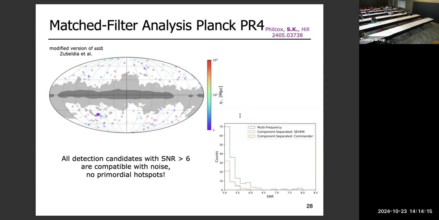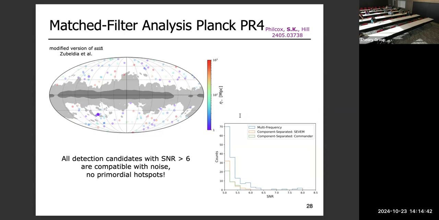So you might be happy for a second because here you would see there are lots of high SNR candidates. But it turns out if you apply the same technique to the component separated Planck maps, where you have done a better subtraction of the various astro backgrounds or foregrounds, you'd actually find all these candidates are absent. In other words, with this analysis, we didn't find any hotspots, unfortunately.